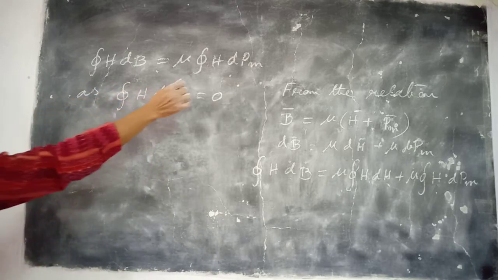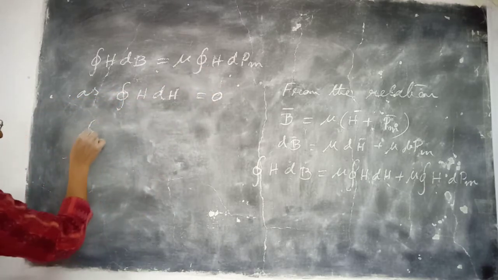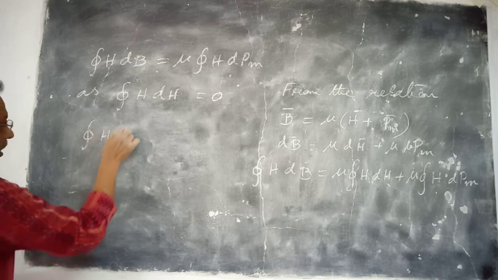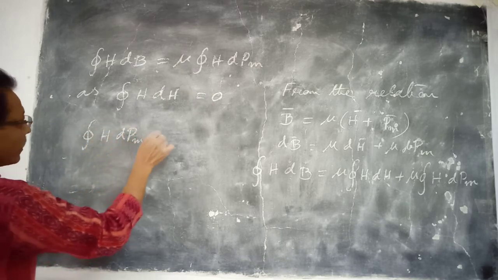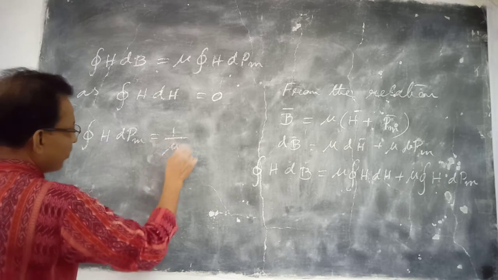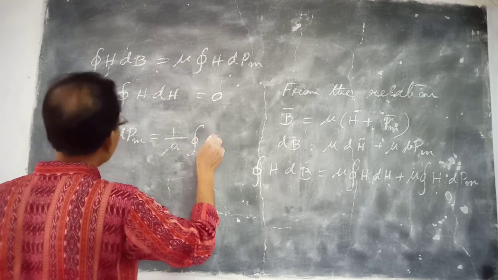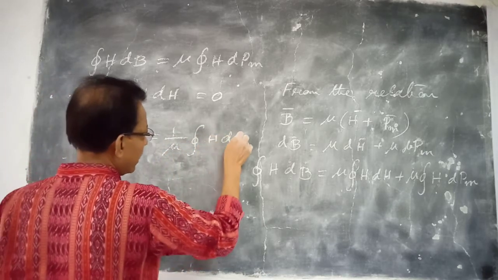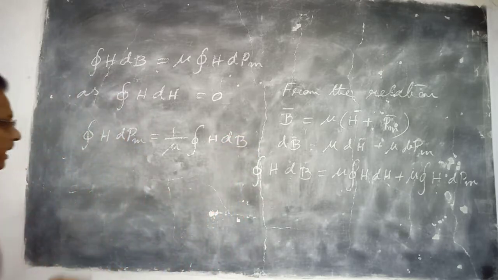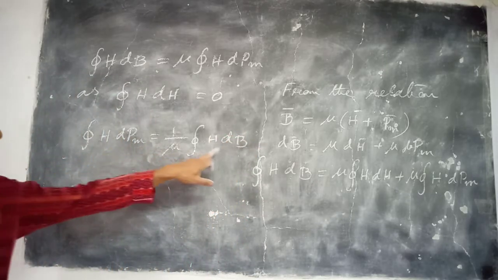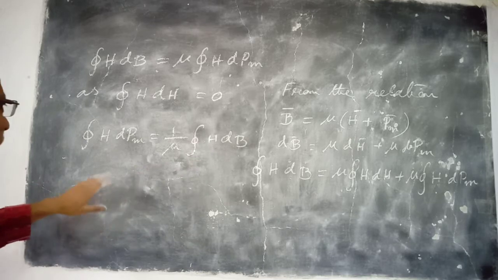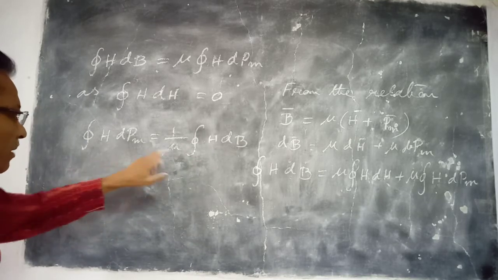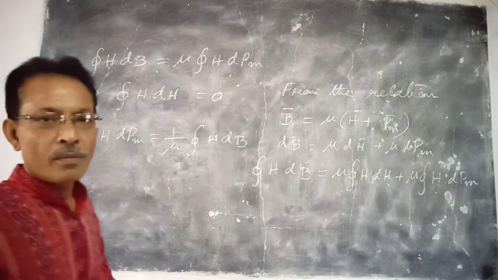Now therefore, we know this is the work done, H dPM, that is equal to 1 by mu times H dB. So the relation between the PM loop and the BH loop: the area of the PM loop is 1 by mu times the area of the BH loop.